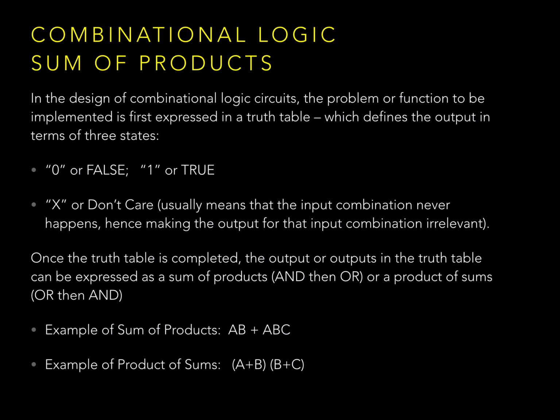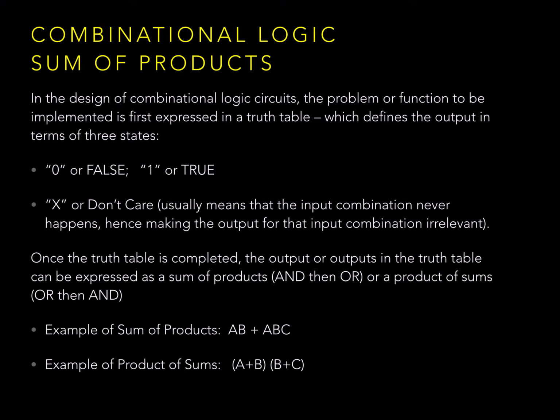The truth table can contain one of three states: a 0, which represents a false or a low, a 1, which represents a true or a high, and finally, the truth table can also express X's or don't cares, which mean that it doesn't matter whether that particular entry in the truth table is a 0 or a 1. It can be assigned either as a 0 or a 1, depending on what is most convenient to obtain the most efficient digital logic implementation possible.